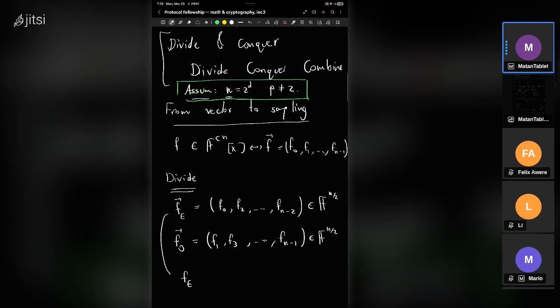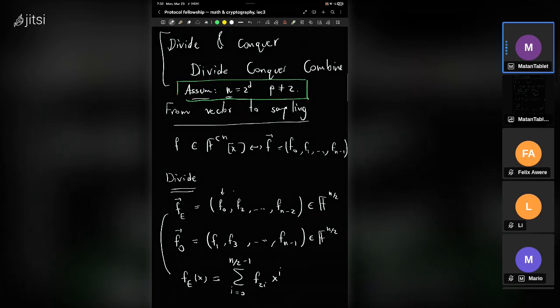So the polynomial it would correspond to is a polynomial of degree n over 2, and it would look like the sum of f of 2i times x to the i, for i equals 0 up to n over 2 minus 1.